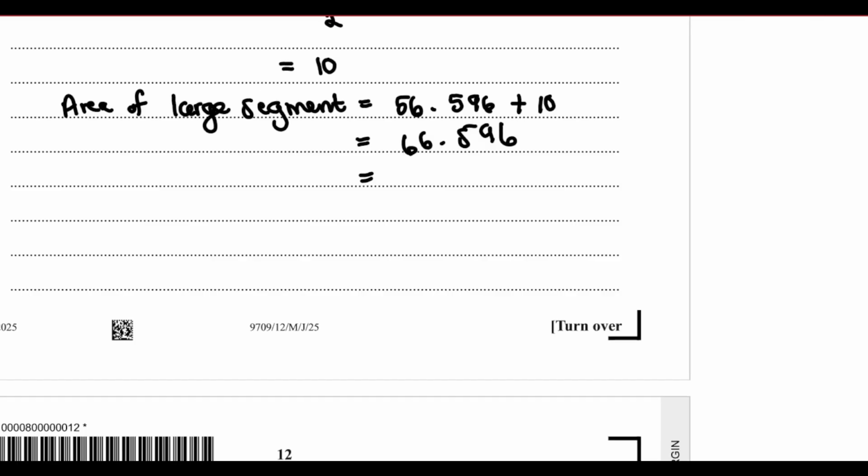But at the beginning of these papers, they say round to 3 significant figures. So I'm going to write 66.6. So that's the area of the large segment.